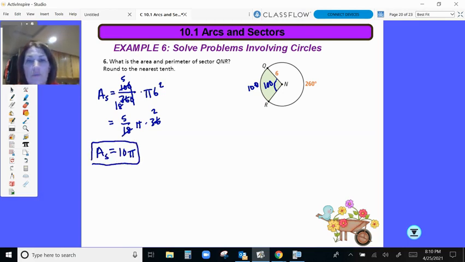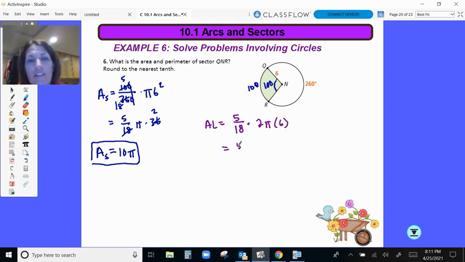Okay, now let's find the perimeter. That means arc length, right? We know this is already 5/18 because we've already reduced that down. So my arc length is 5/18 times my circumference, which is 2 times pi times r, 6, since we're given the radius.